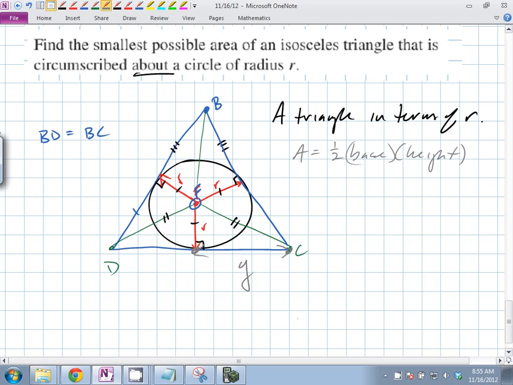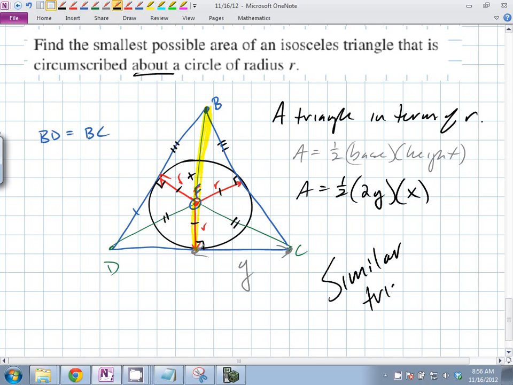And let's call the height here X. So if we call our height X, our area is going to be 1/2 times 2Y times what? And we're trying to minimize that. We're trying to minimize the area. Does that make sense, everybody? Okay, so you now need to use, well, actually just one in particular, similar triangles.